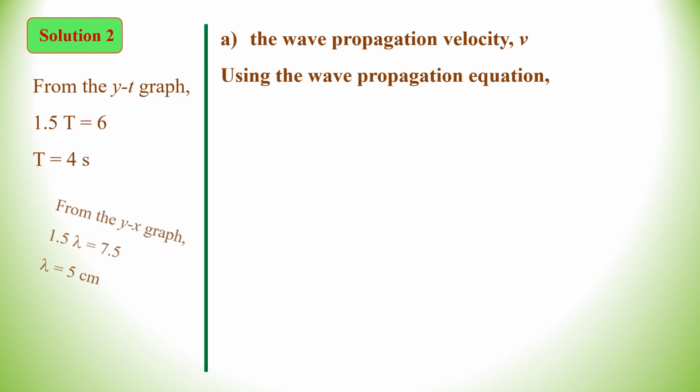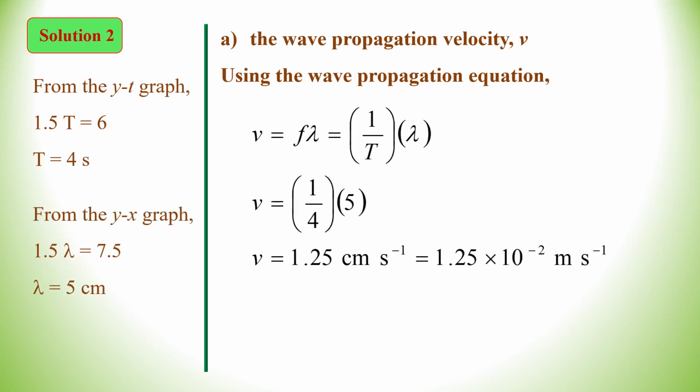Also, you can use the ratio: 1.5 periods equals 6 seconds, so T equals 6 divided by 1.5, which gives 4 seconds. From the graph of y against x, 1.5 lambda equals 7.5 centimeter, so 1 lambda is 5 cm.